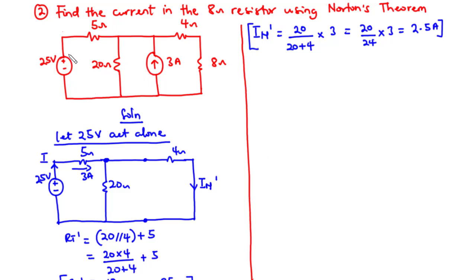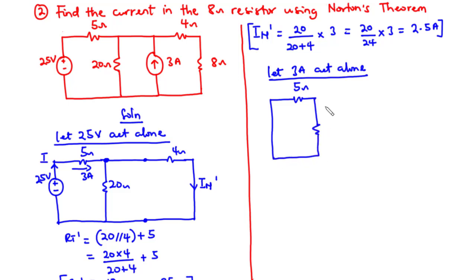Now let's deactivate the 25 volts and then consider the 3 amperes current source. So let 3 amperes act alone. So we are going to represent the 25 volts with a short circuit. We have 5 ohms, 20 ohms.